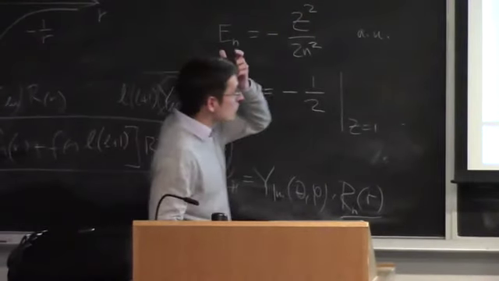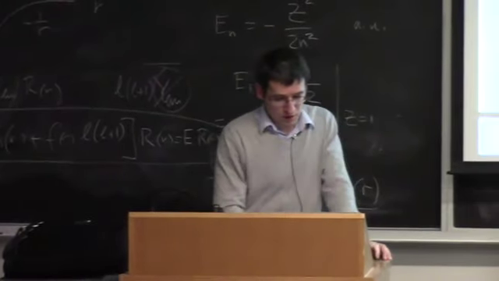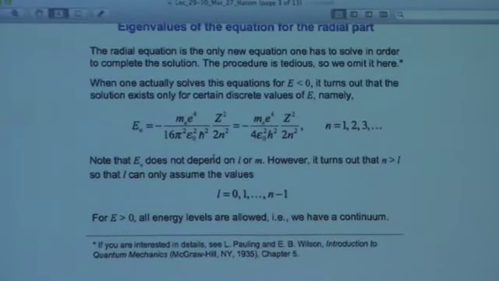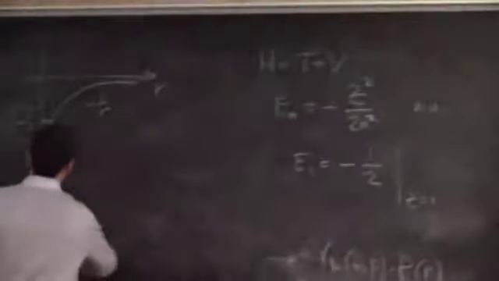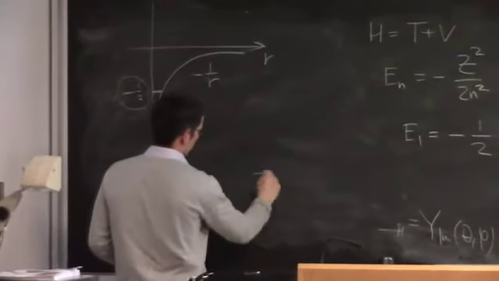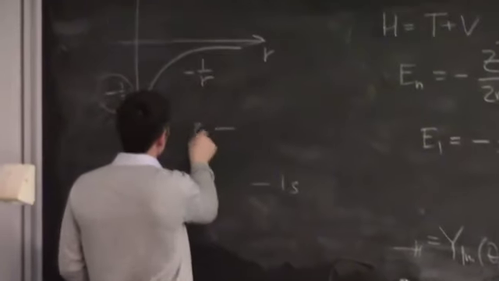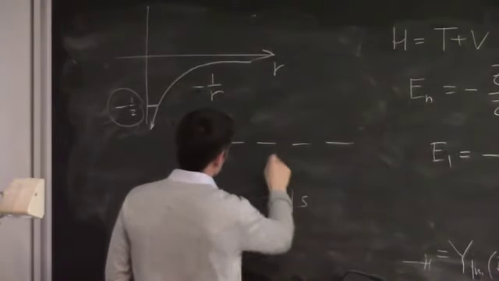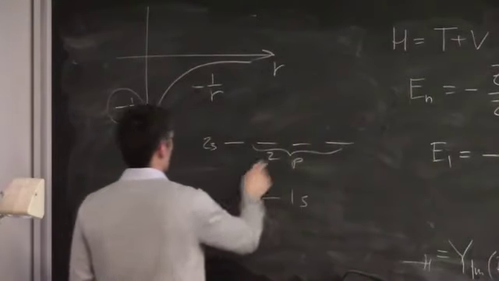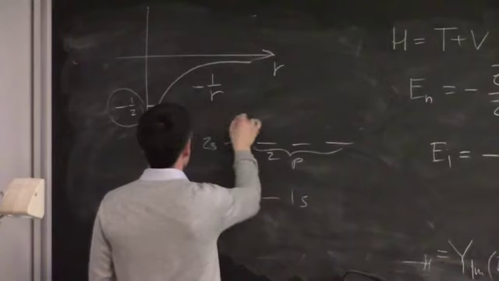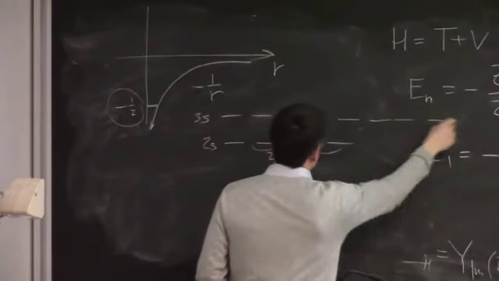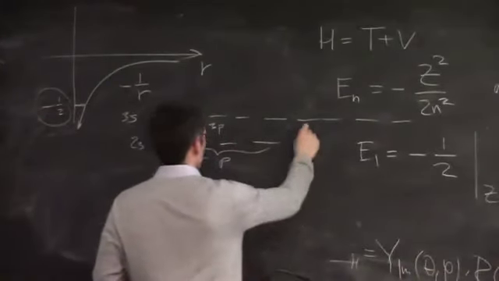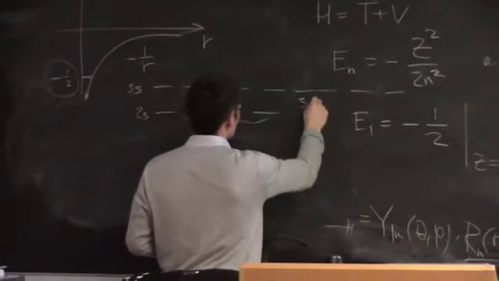Then what else is known? Interestingly, the energy doesn't depend on L. So in a hydrogen atom, we have an energy diagram which is 1s, 2s, and then 2p, and then there will be 3s, 3p, and, sorry, not 5d, 5 orbitals of 3d, and so on and so forth.